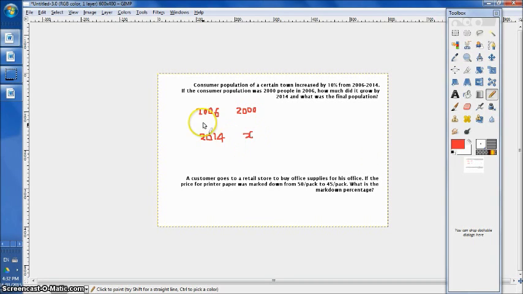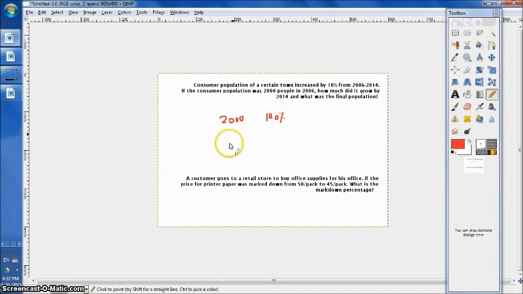Actually, let me write it the other way. I know in 2006 the population is 2,000 people, which is 100%. And in 2014 it went up 10%.